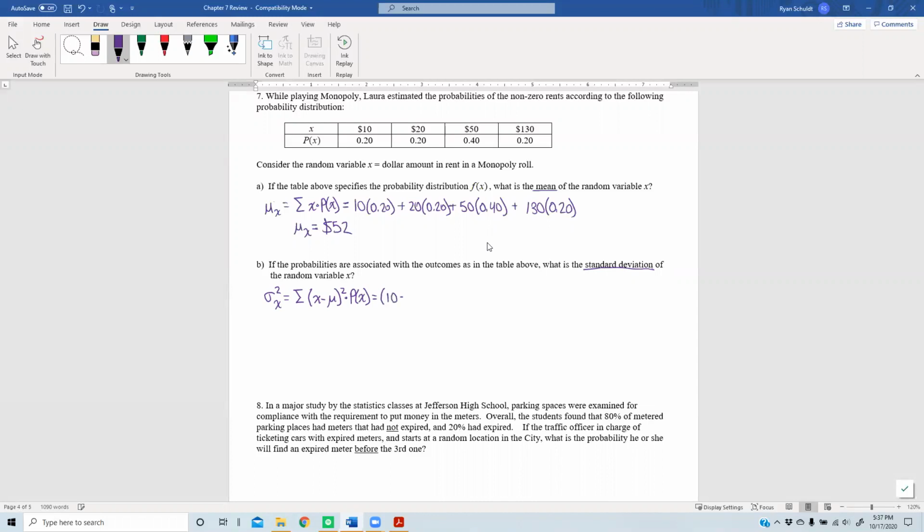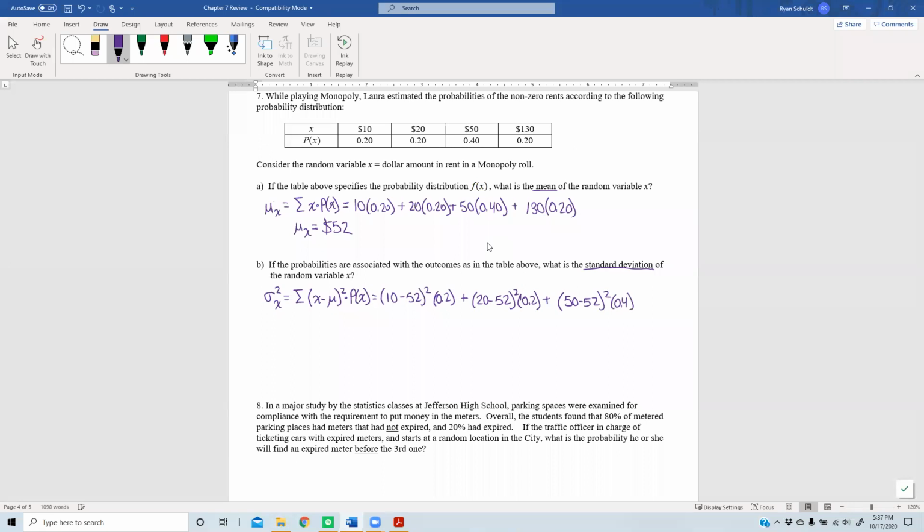We have to do 10 minus 52 squared times 0.2 plus 20 minus 52 squared times 0.2 plus 50 minus 52 squared times 0.4.